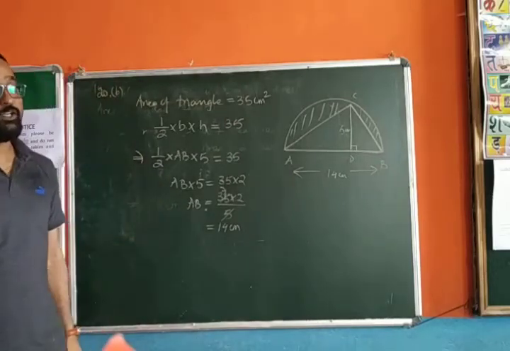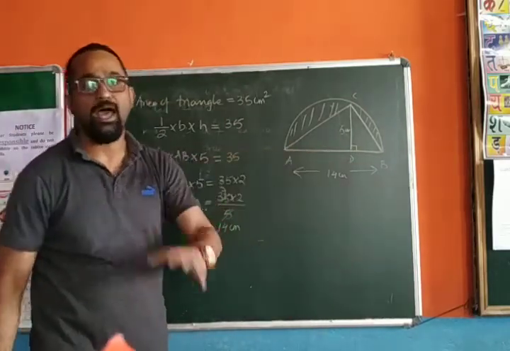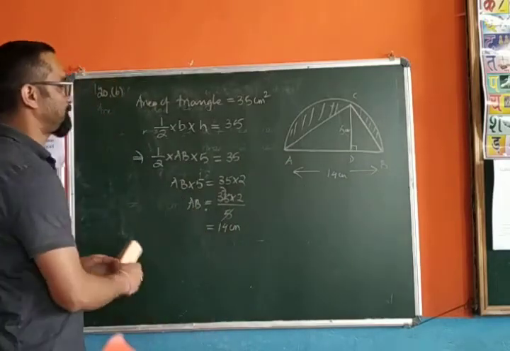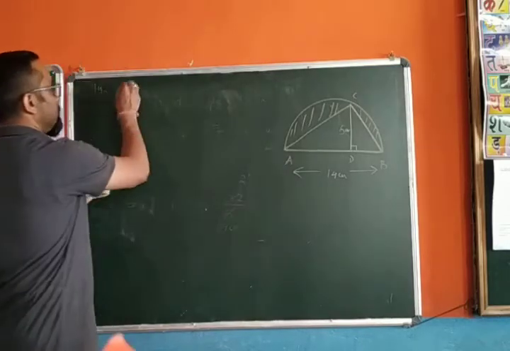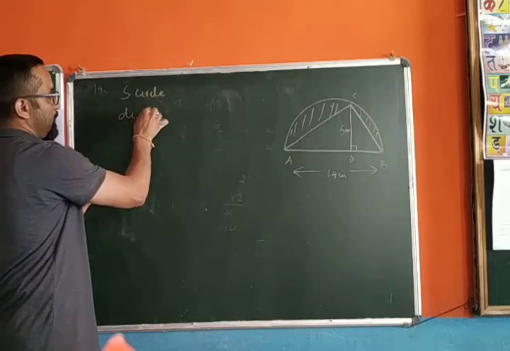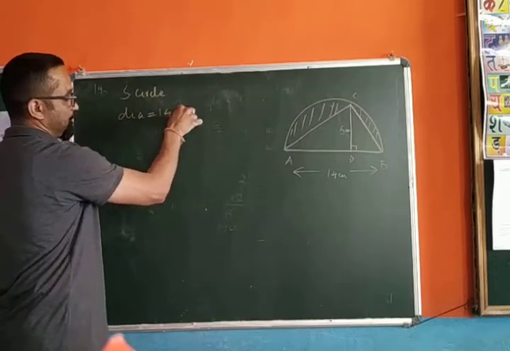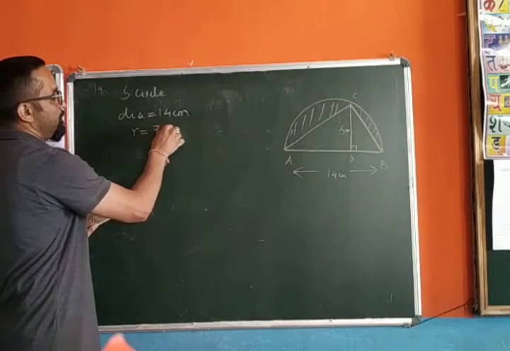If you look at the figure carefully, the base of the triangle is equal to the diameter of the semicircle. So we write semicircle, diameter is 14 centimeter. We calculate radius 7 centimeter.